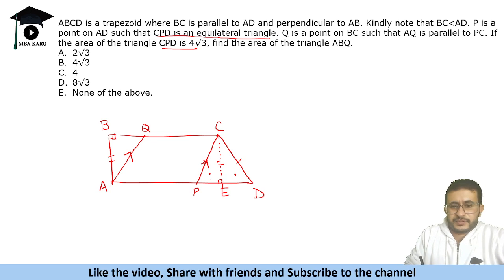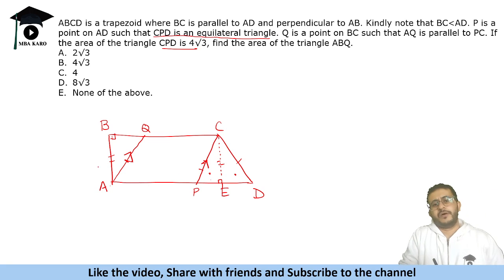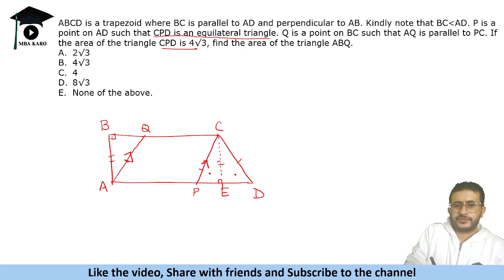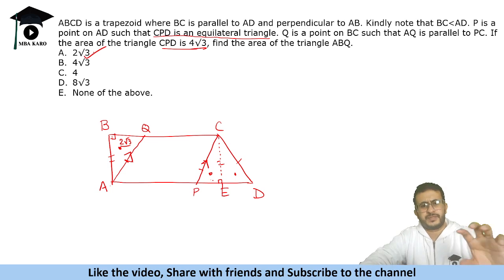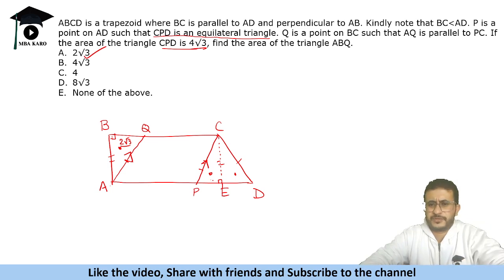This is fine, and this is a parallelogram, so this side is also equal to this side. So these triangles are congruent, so the area of this triangle will be equal to the area of this triangle. Now this is 4 root 3. This is half of this, which is 2 root 3. So area of triangle BAQ is 2 root 3. Basic question on triangles based on symmetry, equality, and the basic properties like similarity, parallel lines, etc.